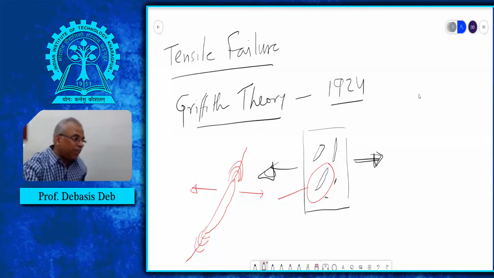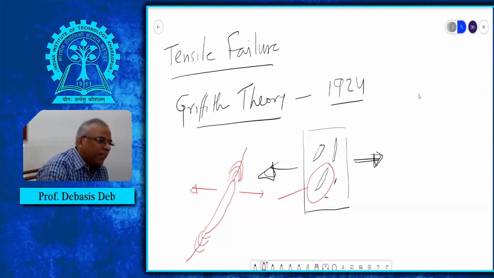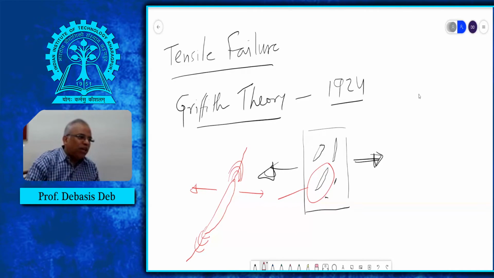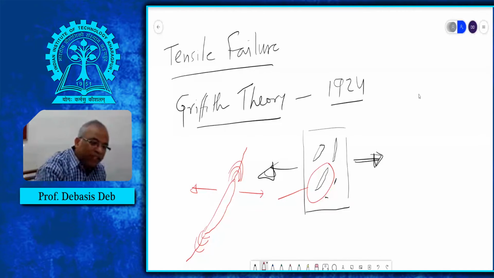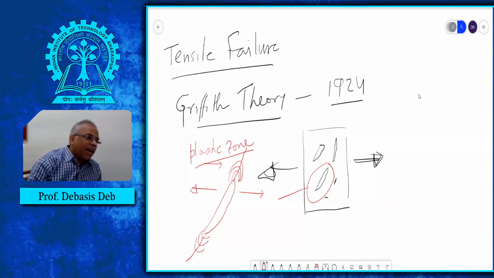So this is the theory he proposed based on the energy and all this stuff. But it's very difficult to understand. So this is basically the plastic zone. Plastic zone meaning that it has already failed, and then gradually the crack will extend.